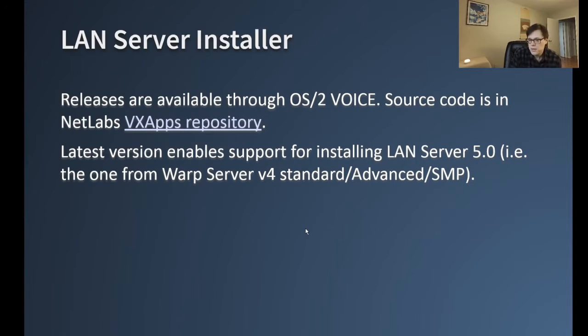Because there are some organizations who have licenses for Warp Server version 4 and never really bothered to update to Warp Server for eBusiness. But they have a modern OS/2 platform distribution like ArcaOS, and they want to be able to install LAN Server on it. Yeah, you can do that now.